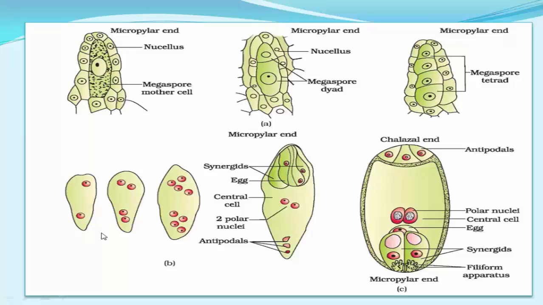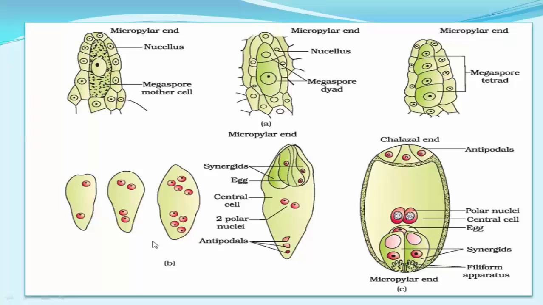So in the diagram you can clearly see the two nuclei formed at opposite poles. Both of them undergo second mitosis. 4 nuclei are formed. Still it is in the free nuclear condition. Once again the third mitosis occurs and finally 8 nuclei are formed.